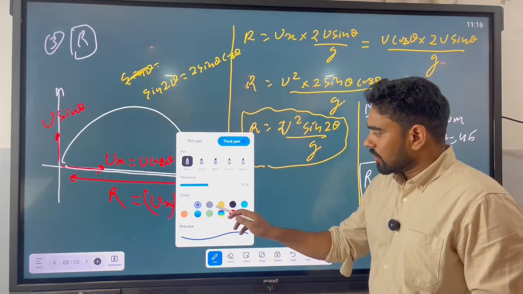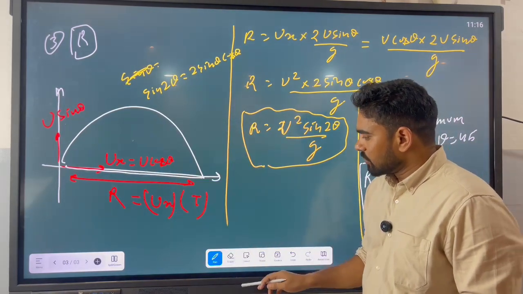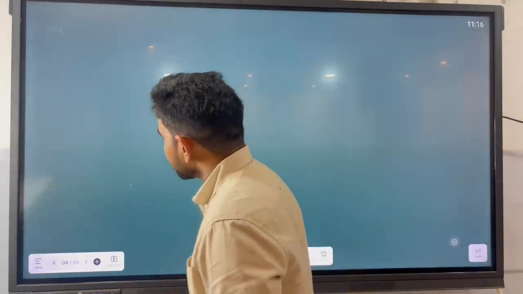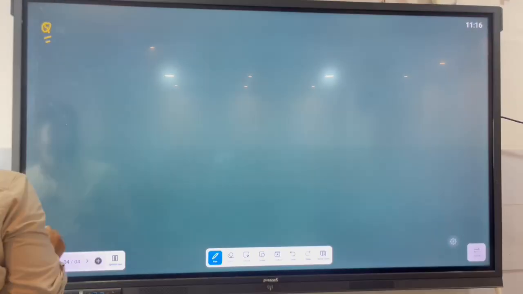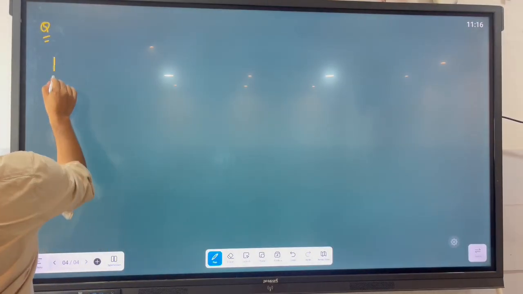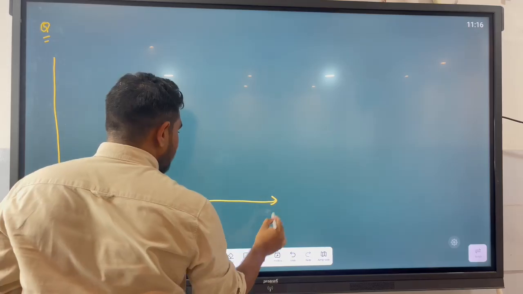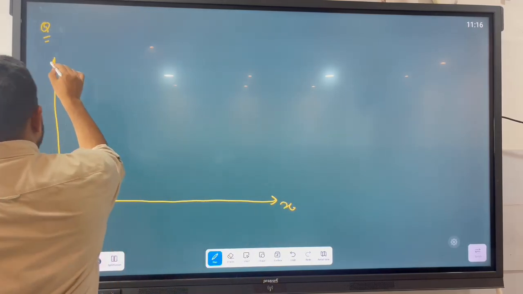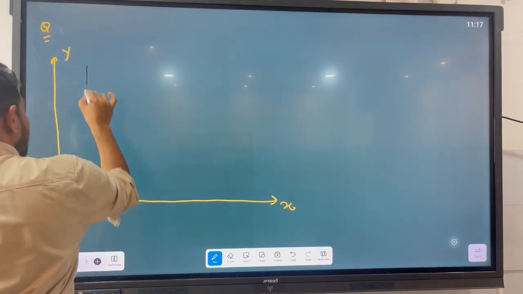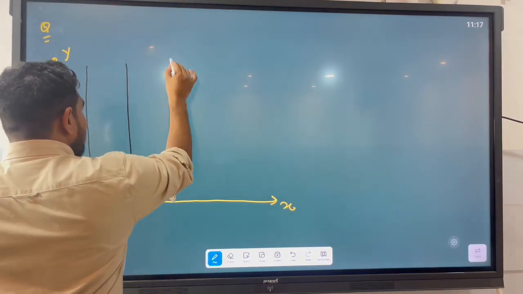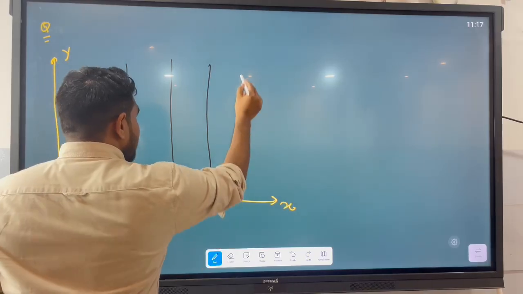And now one numerical problem related to this. Suppose this is a coordinate system, x axis and y axis, and a uniform electric field acts like this.